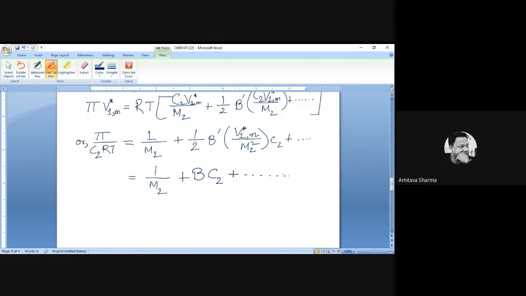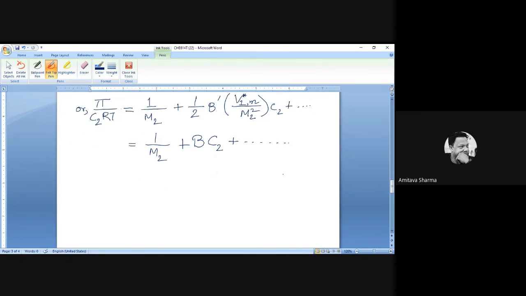So retaining only the first two terms on the right hand side as higher terms are insignificant, so we can write, retaining only first two terms.